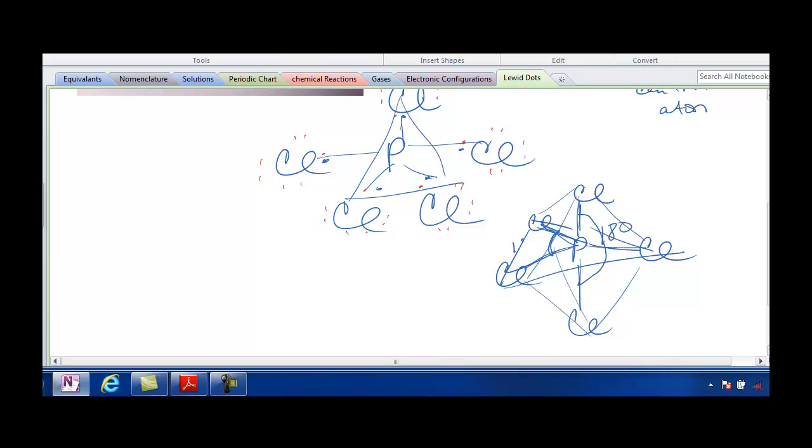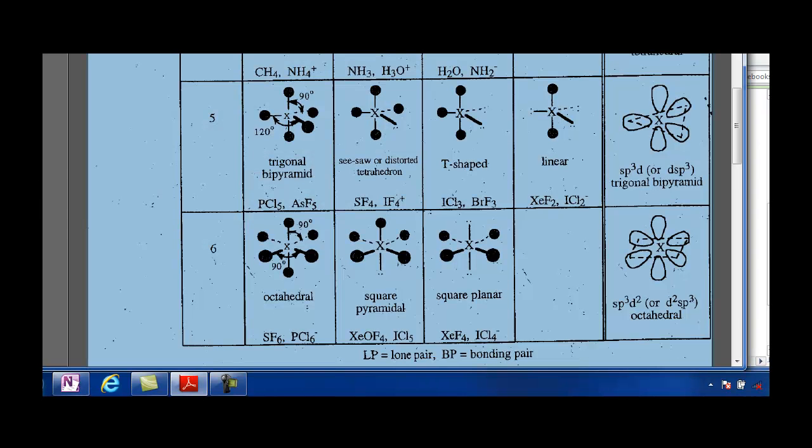So it's 120. 120 and 120 and 120 gives you 360, the whole circumference. Okay? So in a trigonal bipyramid, I have my phosphorus in the center, chlorine, chlorine, chlorine in my plane, and 1 Cl up and 1 Cl down, and I'll show you the model.